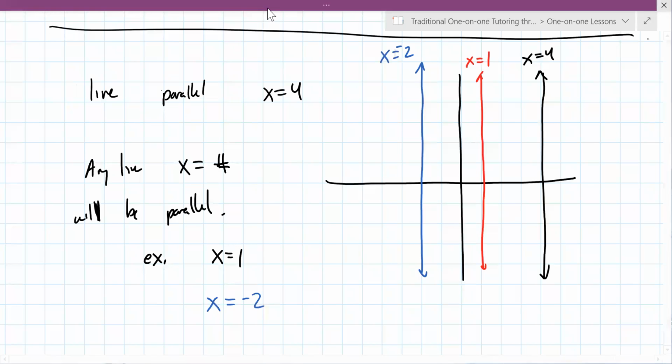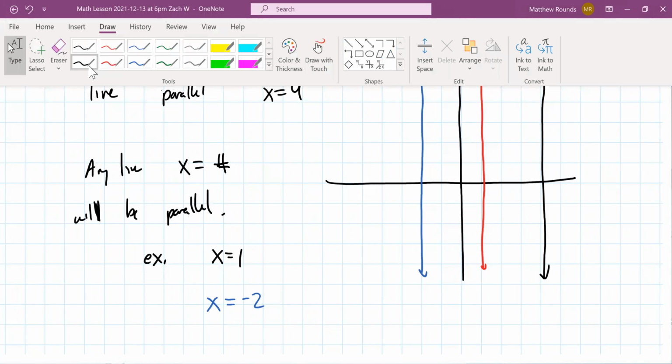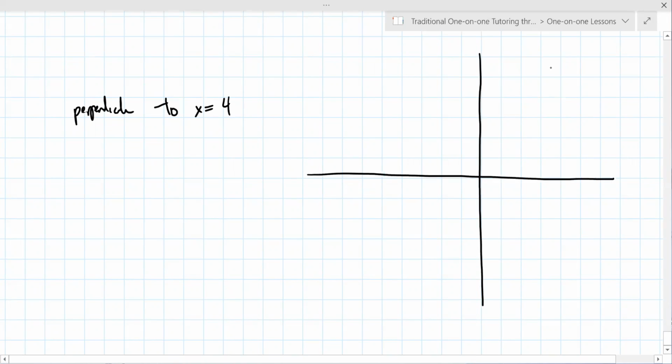Okay, let's do the perpendicular now. So I'm going to redraw it. Perpendicular to x equals 4. Perpendicular means it meets at 90-degree angles.